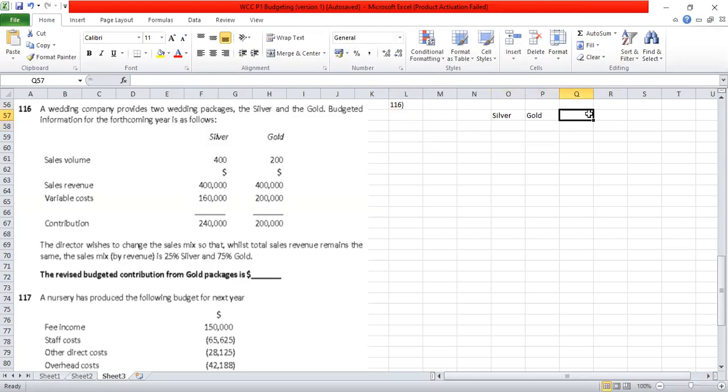So we have the total also. Total sales revenue is 800,000. Then silver will be only 25%, 0.25, and gold will be 75%.